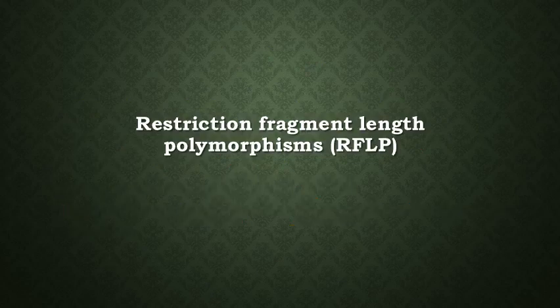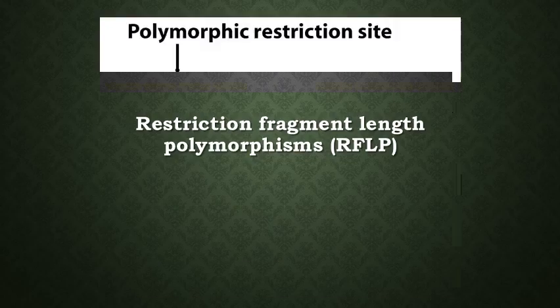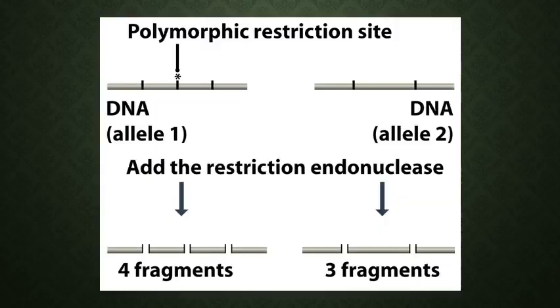So the next topic is restriction fragment length polymorphism, in short known as RFLP. Gene maps are not very comprehensive, so we need some other type of marker. Mapped features that are not genes are called DNA markers.